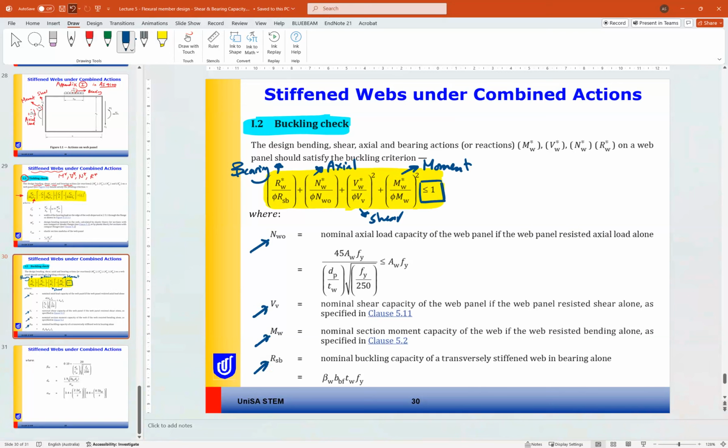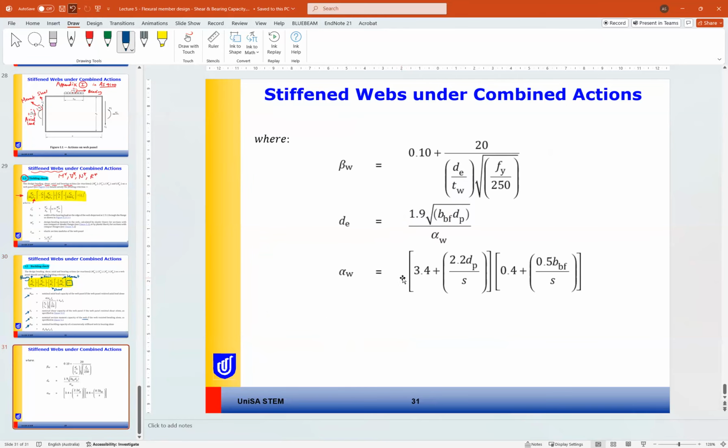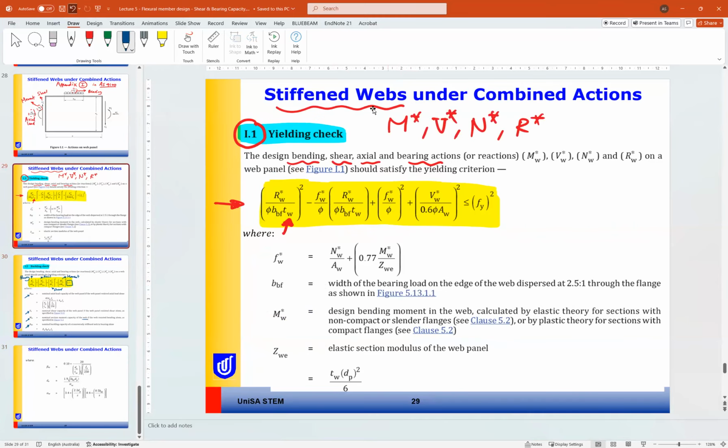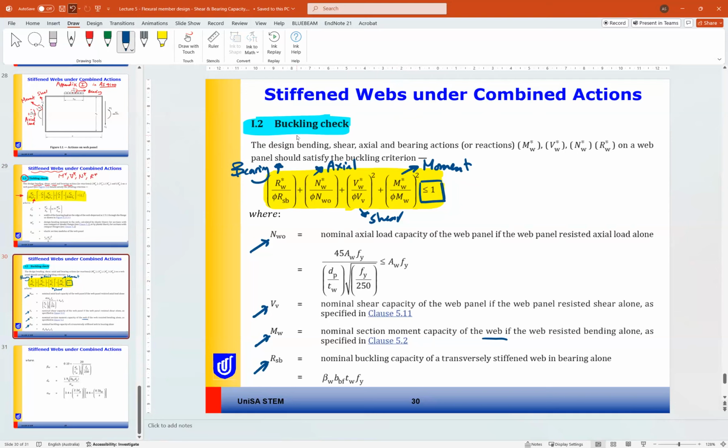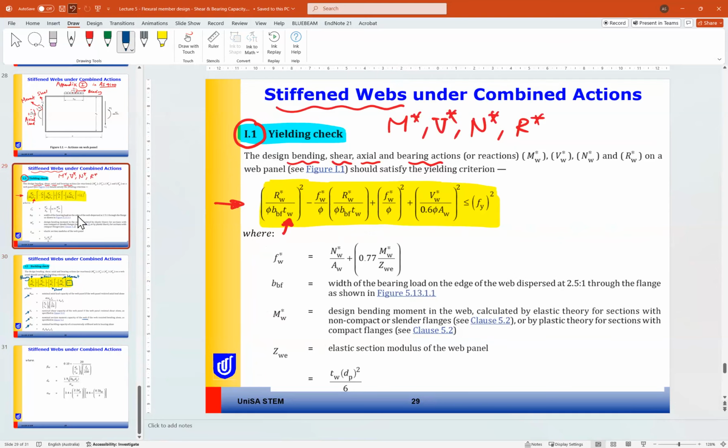So VV is the nominal shear capacity, MW is the nominal moment capacity of the web, RSB is the nominal buckling capacity of the transverse web, and all the required parameters can be found here. This check is only for a stiffened web. One of them is the yielding check, one of them is the buckling check. This is for a combined loading of all the possible straining actions: moment, shear, axial load, and bearing. Okay?